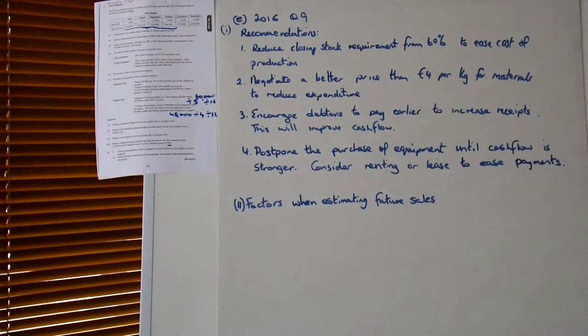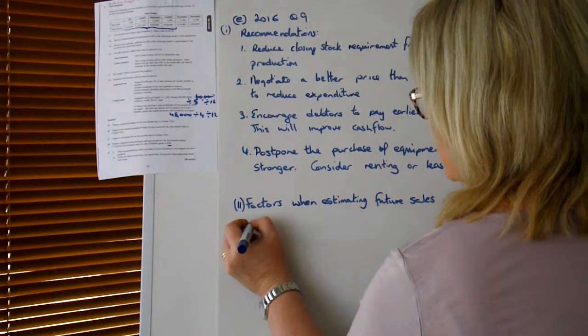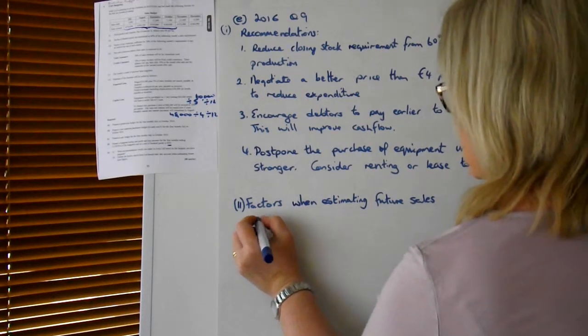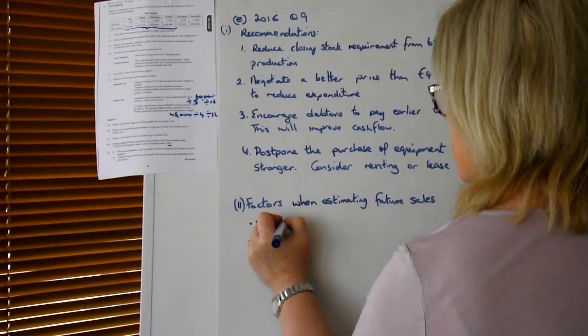So write up your recommendations, and the last part of the theory here are the factors to consider when estimating future sales. One of the factors you'll always consider when you're estimating future sales are the market trends.